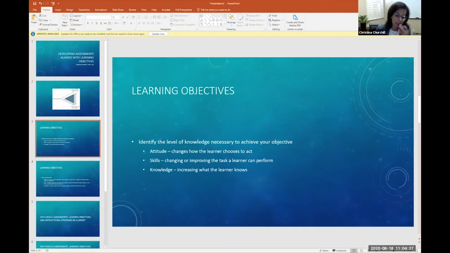So from the beginning, you have to take a look at what learning objectives are, how you write them, and how you can pull all of this together and make it understandable. Learning objectives, first of all, should be very concise. With very elaborate learning objectives, the student will look at it and it's very confusing.